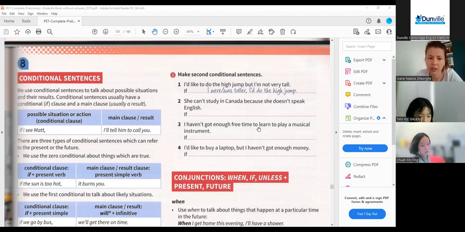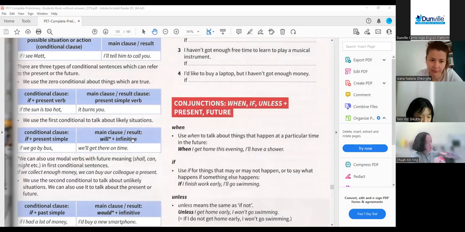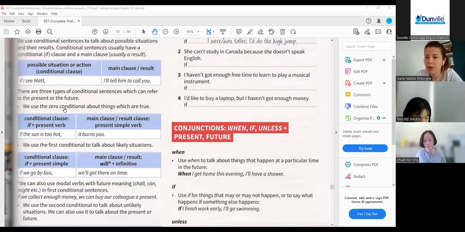And there are three types that we looked at. There is the zero conditional, the first conditional, and the second conditional. The zero conditional is very simple. It has present tense in the if clause and present tense in the main clause. So the two sentences, first one starts with if, has present tense, second one has present tense as well.